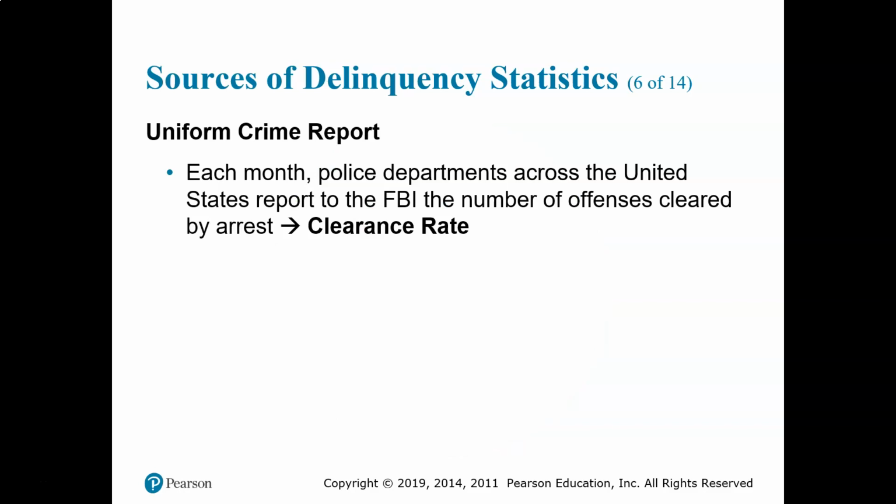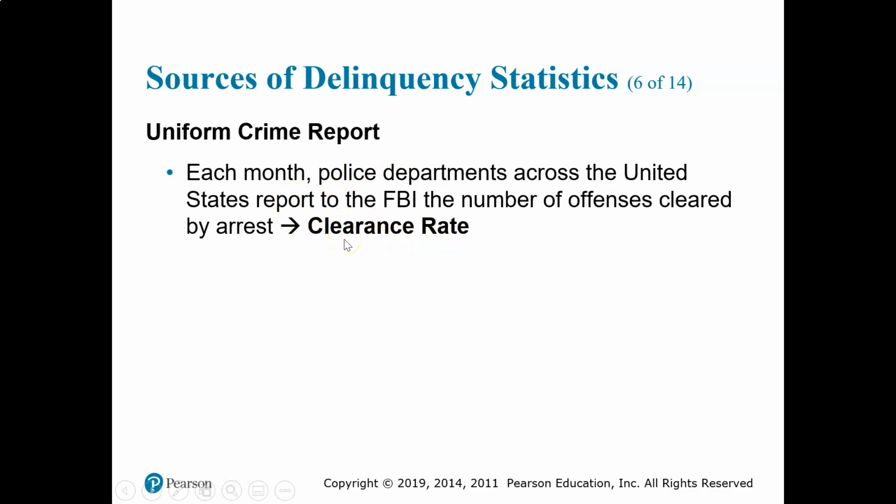Each month, police departments across the United States report to the FBI the number of offenses cleared by arrest. Clearance rate. Okay, so this is a big red flag when we're talking about trying to get accurate data. The only data that is being sent to the FBI from local law enforcement agencies are cases that are cleared.